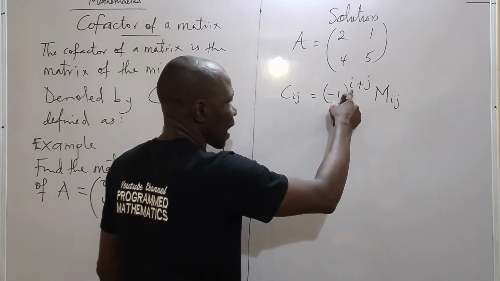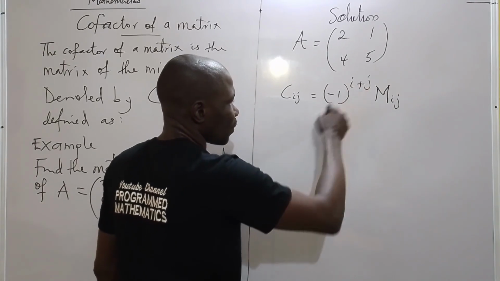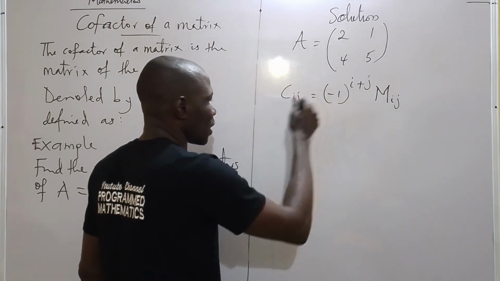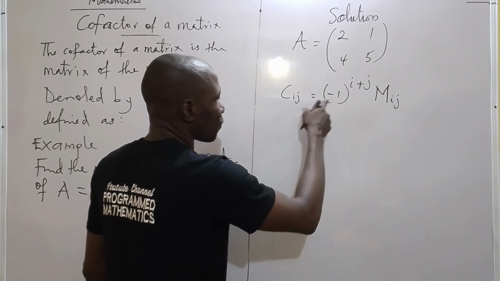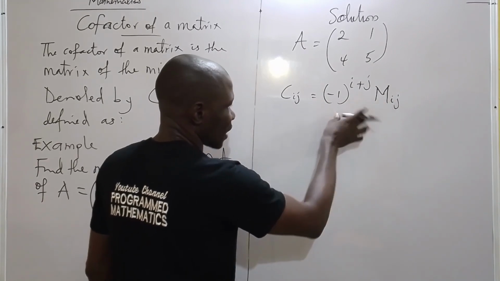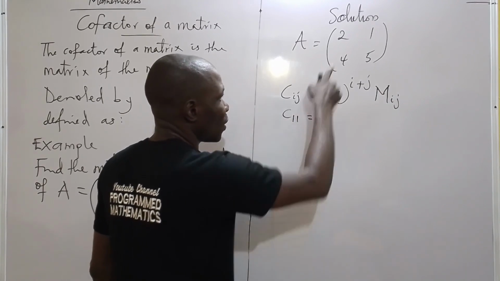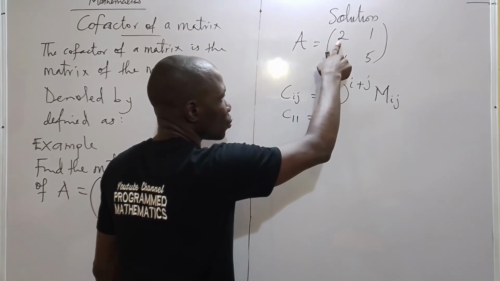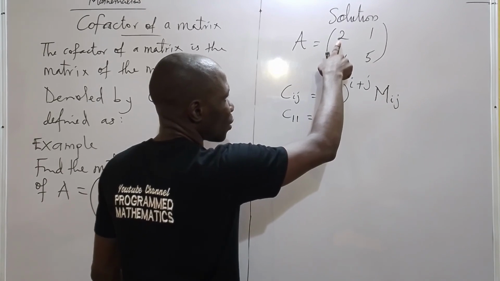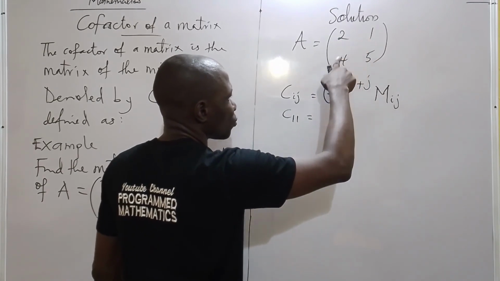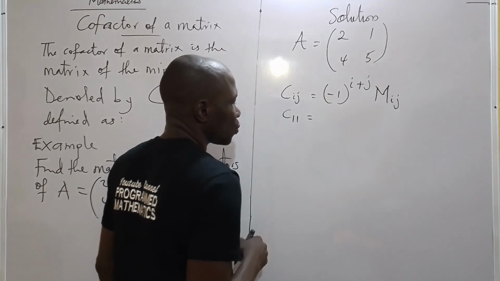Don't forget i represents the row number, j represents the column number. Let's obtain all the signs first. For C11, this is the first row, first column, the element corresponding to 2. So we find C11, C12, C21, and C22.